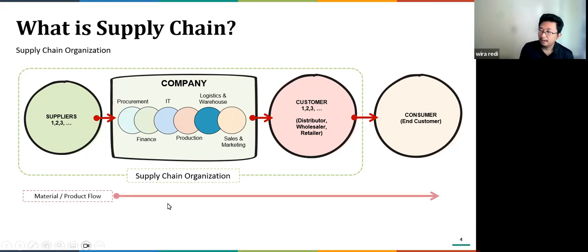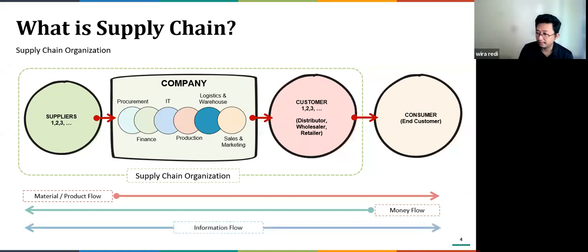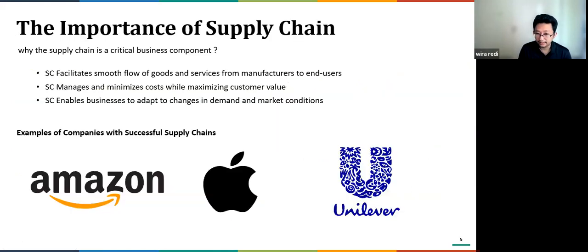Okay, and I just want to repeat again that along these supply chain organizations, they basically manage three things, which are the material flow or product flow, which goes from the upstream to the downstream, and then the money flow from downstream to upstream, and then, as the respective of the material flow and money flow, the information flow, which goes both ways to make sure the material flow and the money flow are done correctly. Okay.